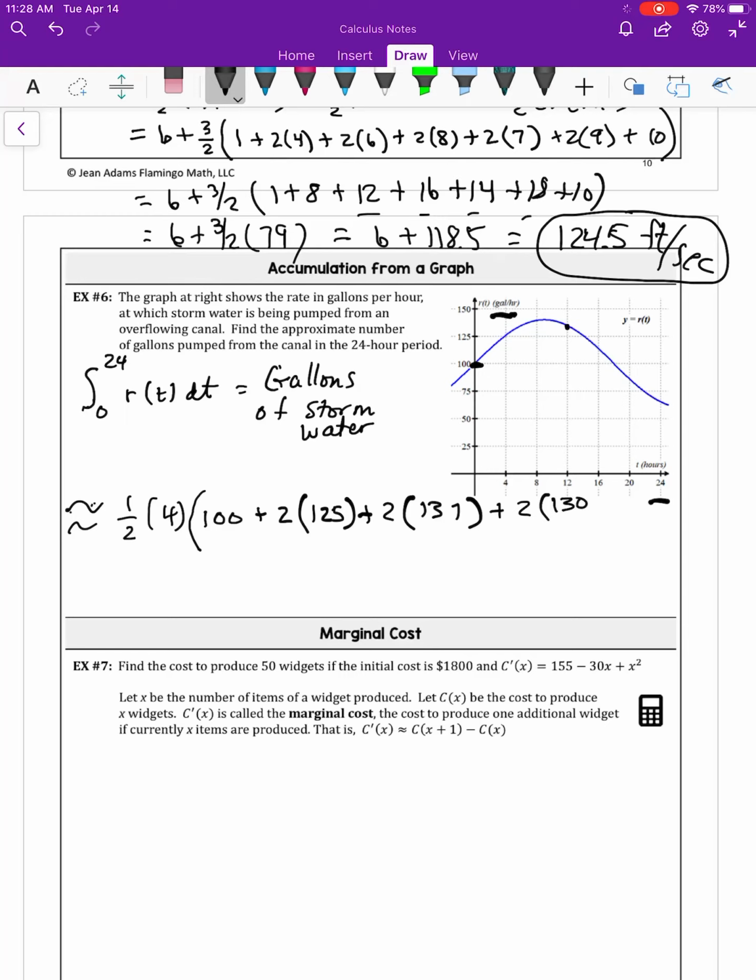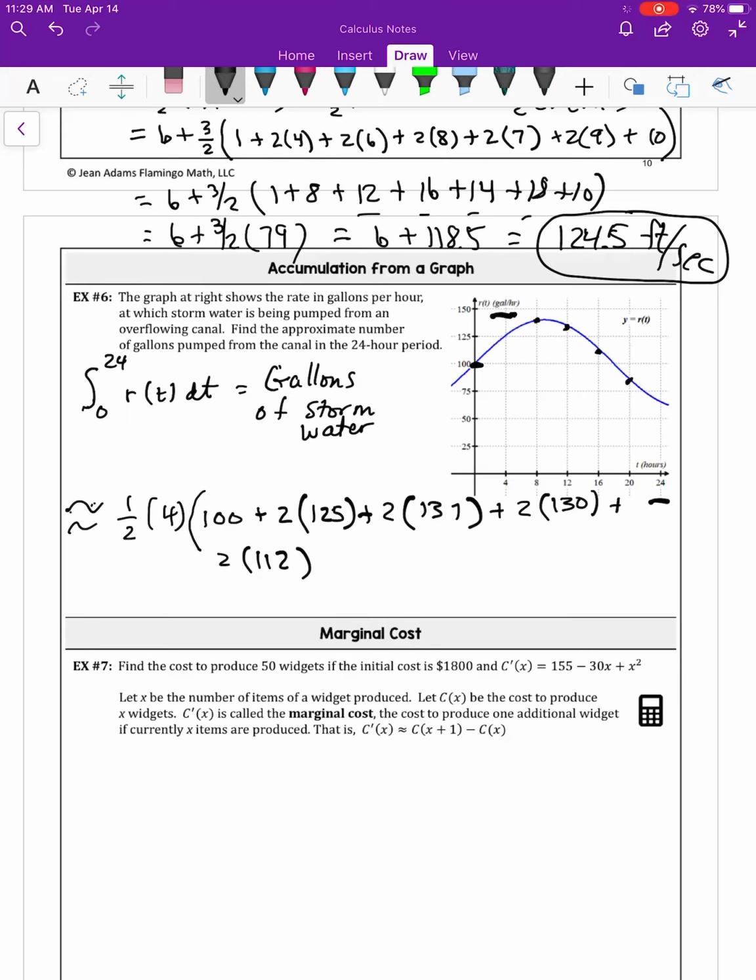So I said that that was about 137, plus twice. The next one, I said it was about 130. So about right there, I said, oops, this one was 137. This one was 130. Sorry about that.